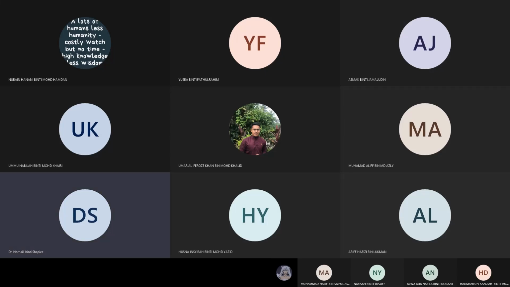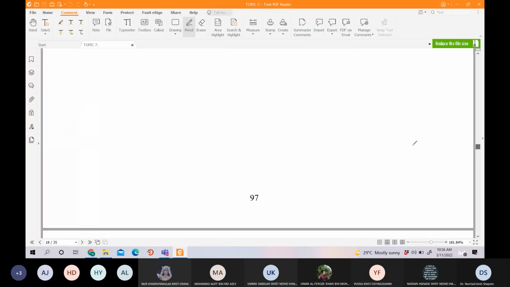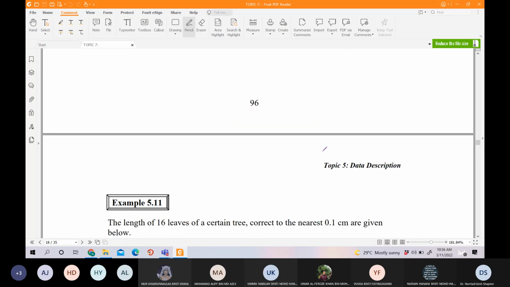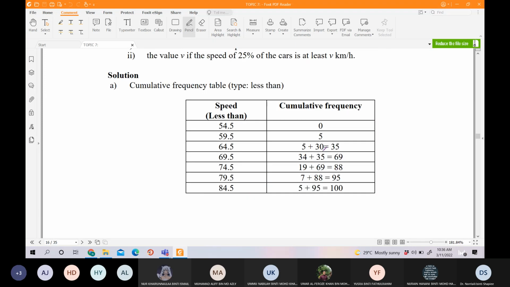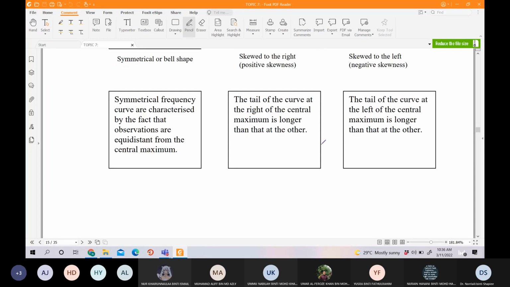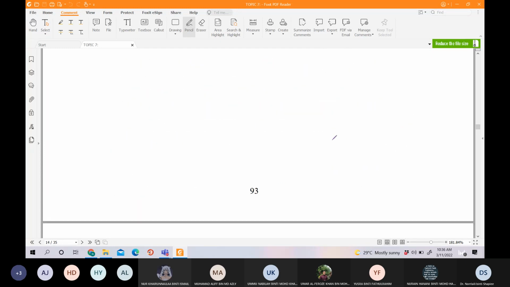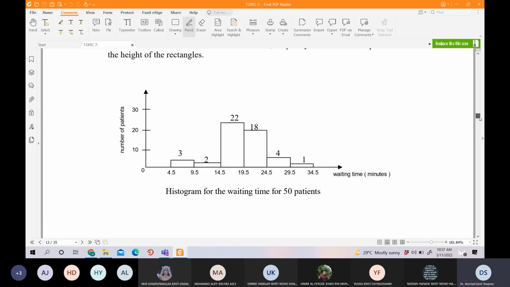Which page did we stop on in the previous class? This one is done.